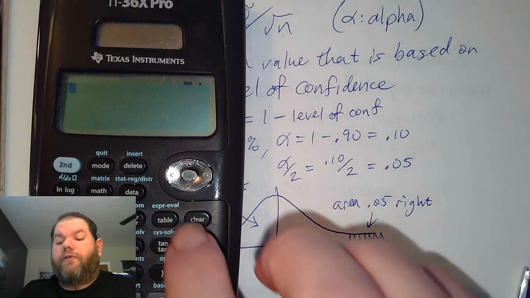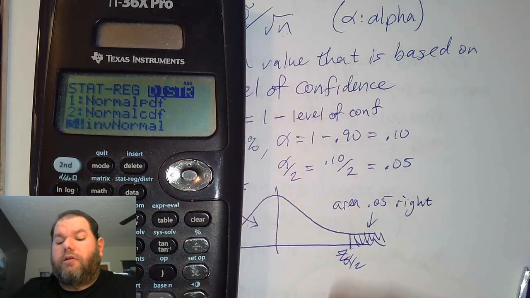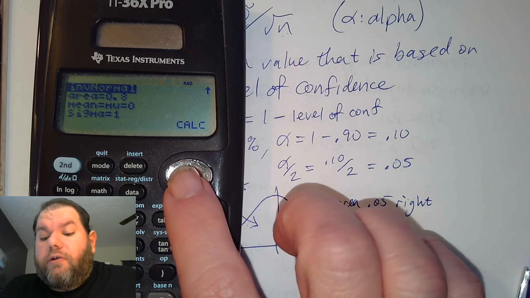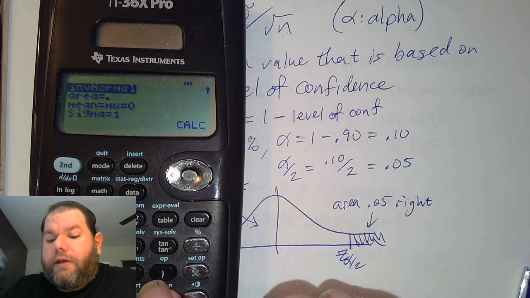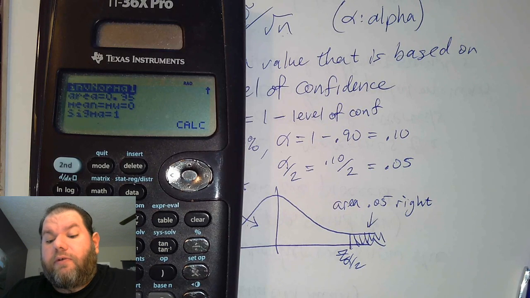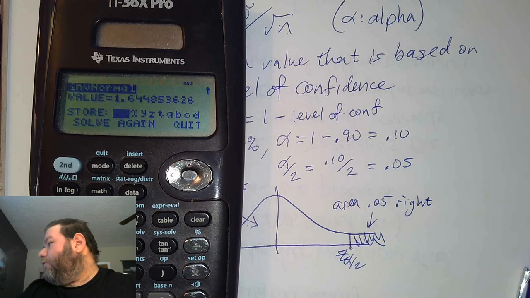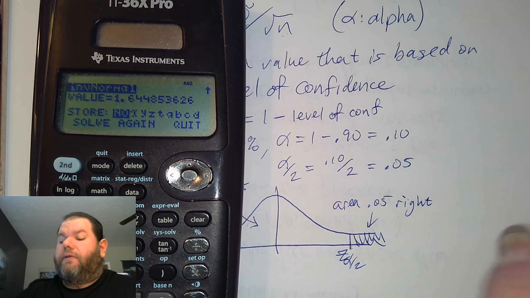We can use our inverse normal calculation here. So our area to the left is 0.95. We'll use 0 for the mean, 1 for the sigma, because we want a z-score. And calculate, and we get a value of 1.645.